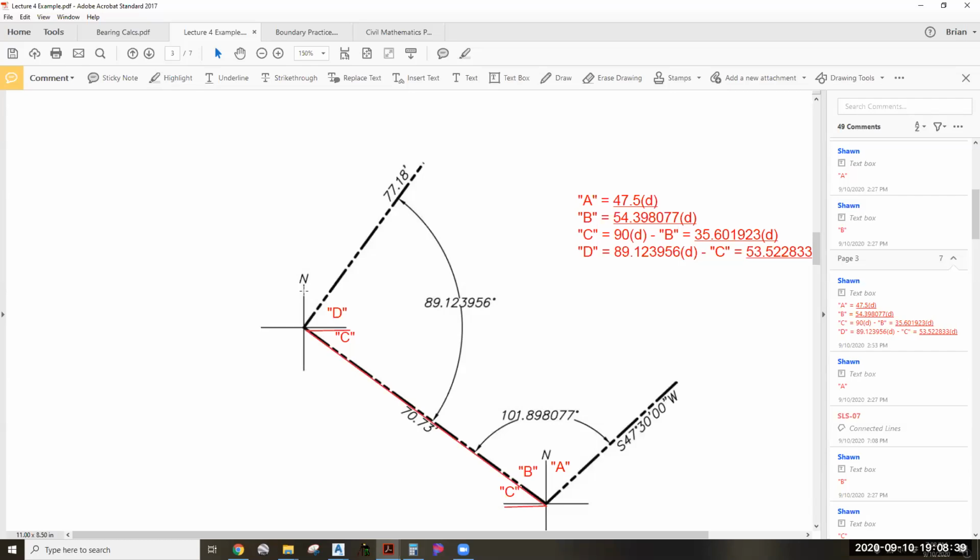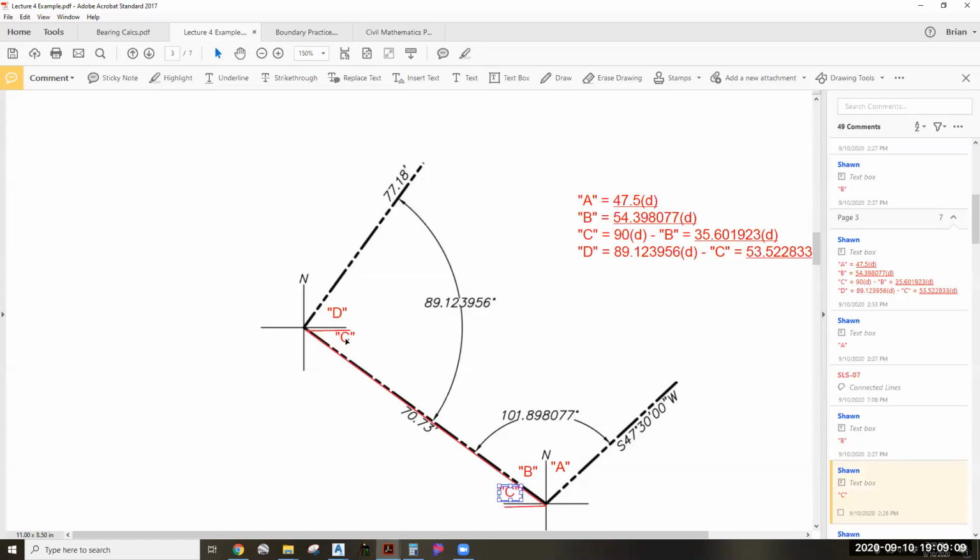We've talked about that before. The west and east line on this compass is parallel to the west and east line of this compass. Because these are parallel, the north line is parallel to the north line, so this angle that it makes, C, is the opposite angle, and they're both equal to one another.